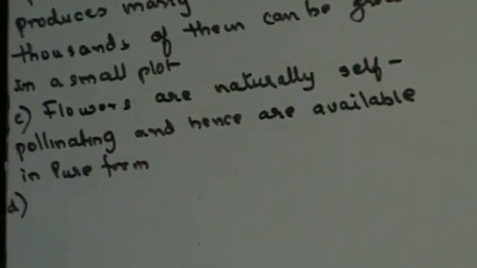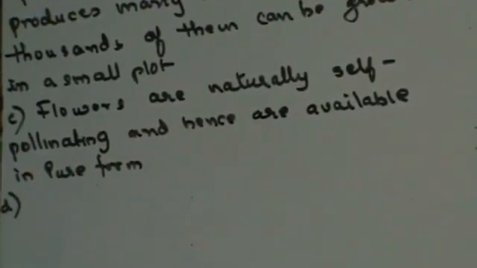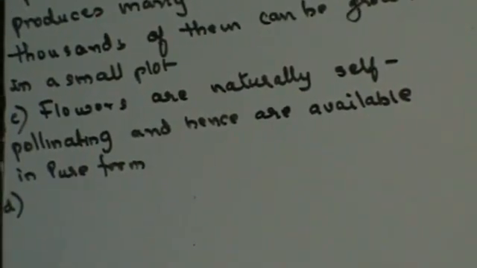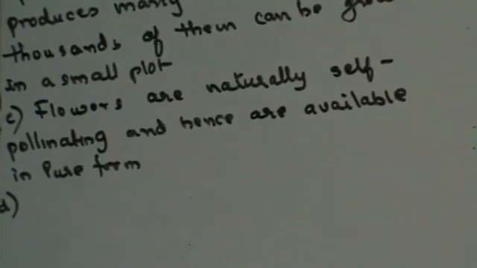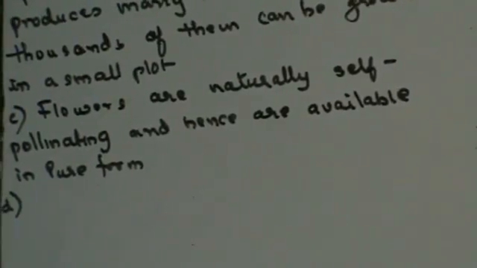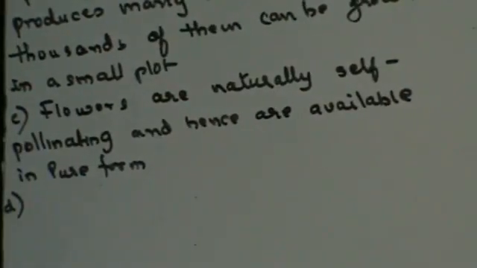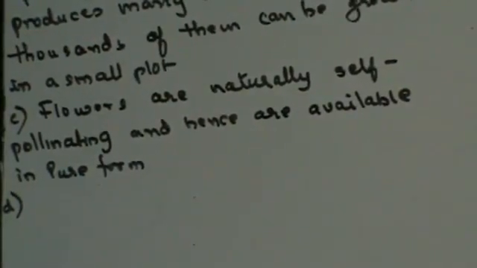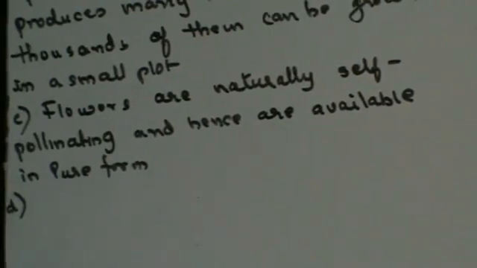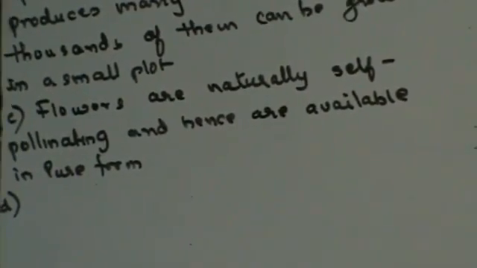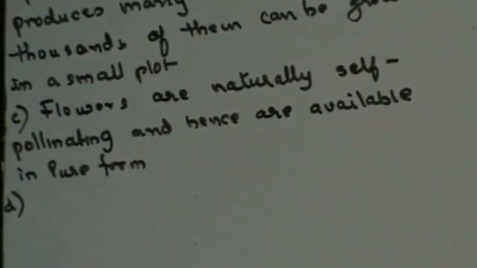Right? Next, there are a number of contrasting characters in the homozygous form, and most important point is that one character is completely dominant over the other. That means you have a lot of contrasting characters in a homozygous plant. Now, you know that chromosomes are diploid in number, right?